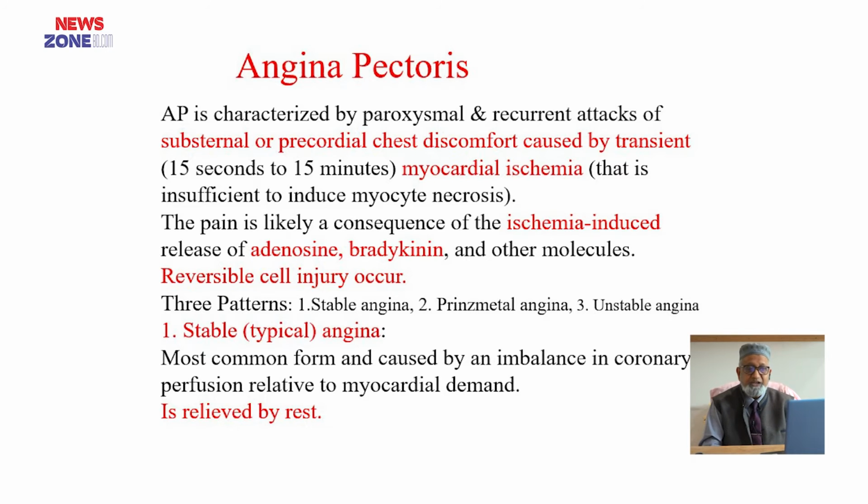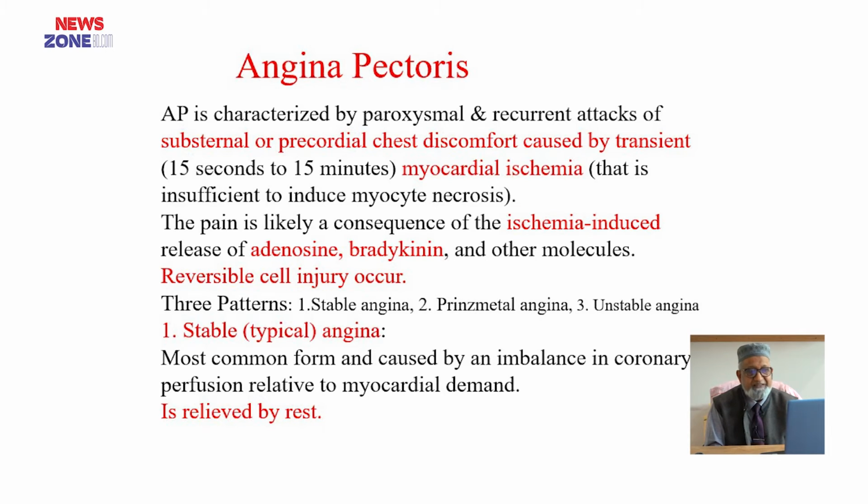So, there will be no infarction. The pain is likely to be a consequence of ischemia-induced release of adenosine, bradykinin and other molecules. And angina pectoris is a reversible cell injury.